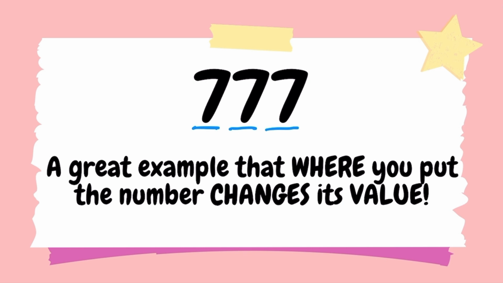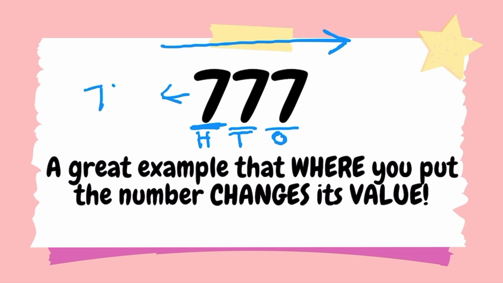You know that the one furthest to the left is the hundreds place. The one in the middle is the tens place. And the one on the far right is the ones place. And we read our numbers going from left to right, and we read them based on the value. So even though this is a digit 7, the value is 700.